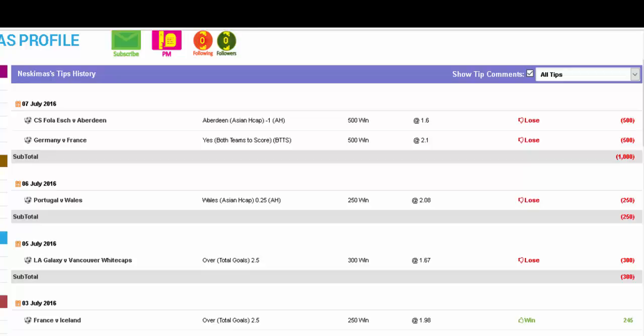From my system's point of view, what did I do? I didn't bet on the final. It was just too hard to call. You had the classic stalemate. France had scored more goals, but Portugal had defended very well.